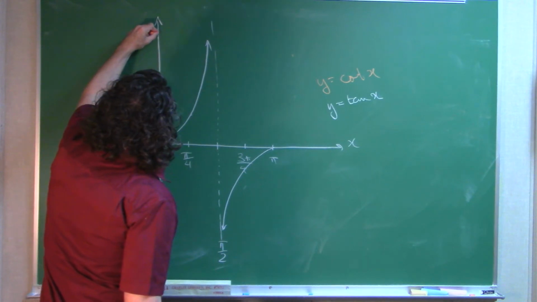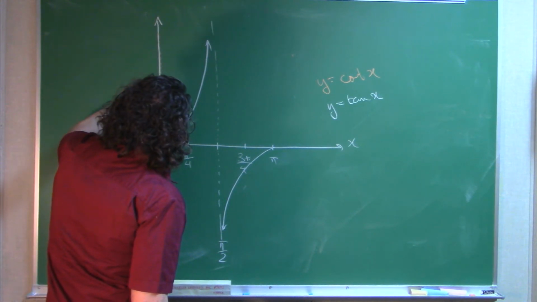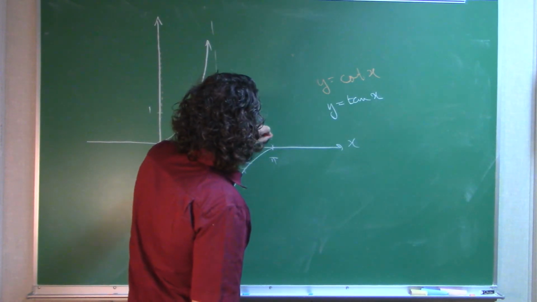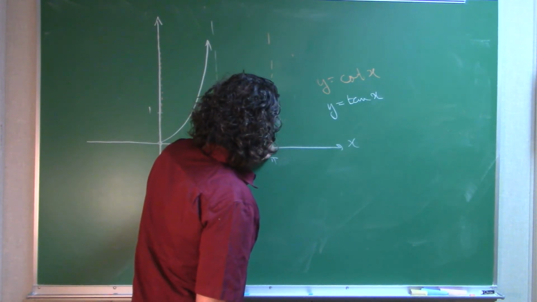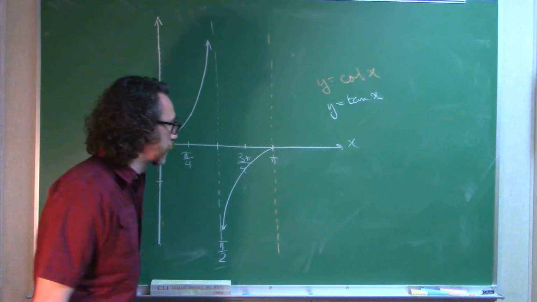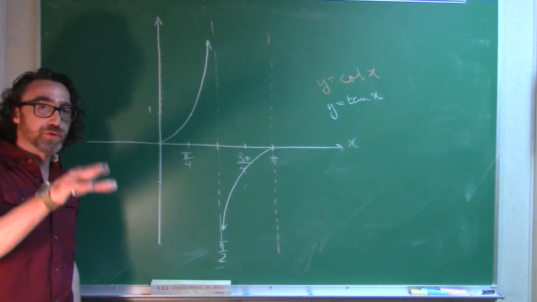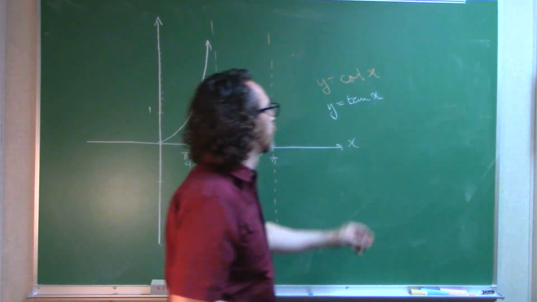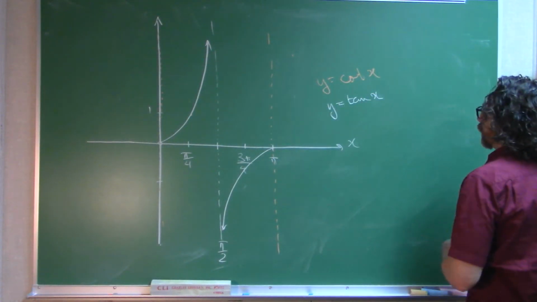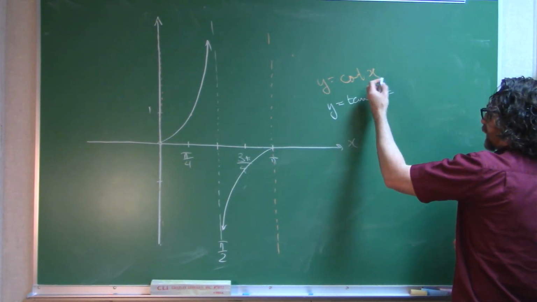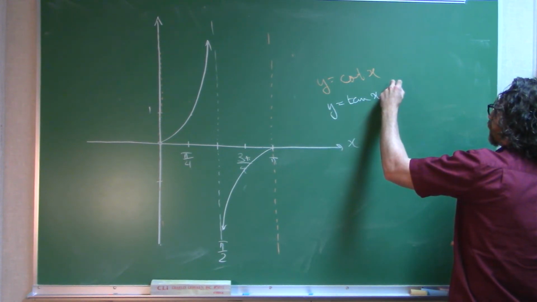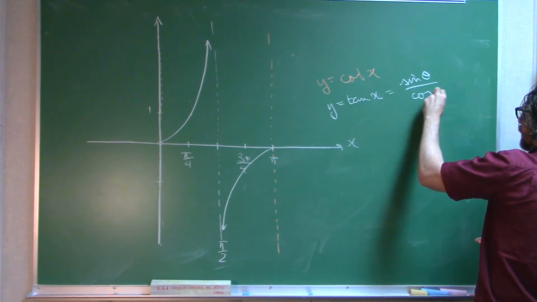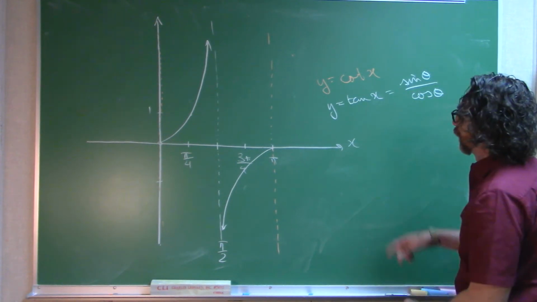Okay, zeros of tangent will become asymptotes for cotangent. Zeros for tangent become asymptotes for cotangent because, right, we know from the ratio identities that tangent is equal to sine theta over cosine theta.